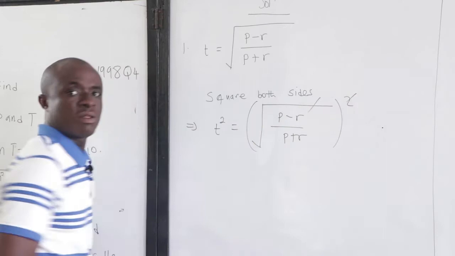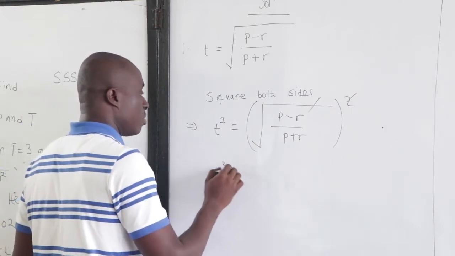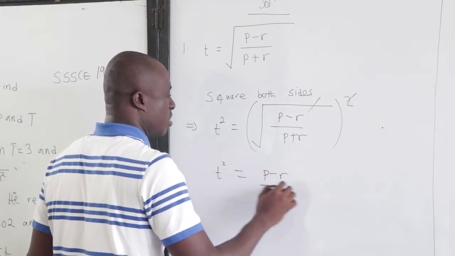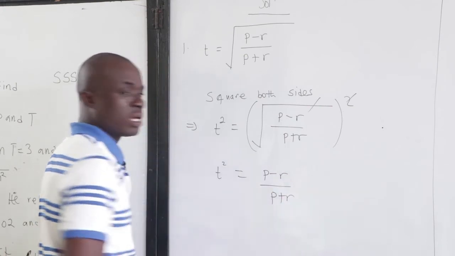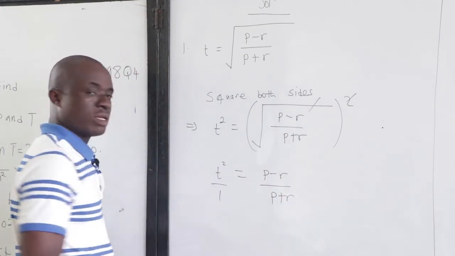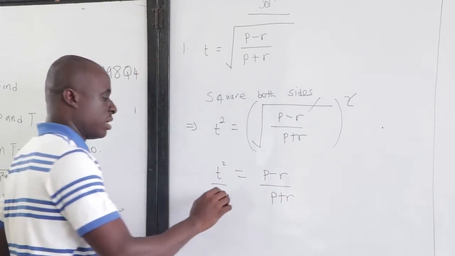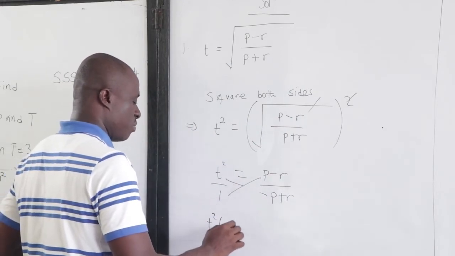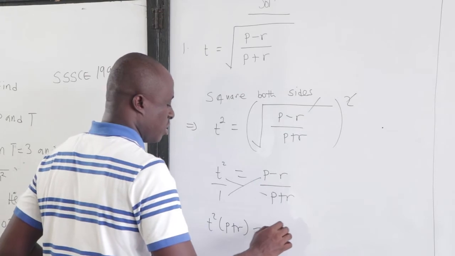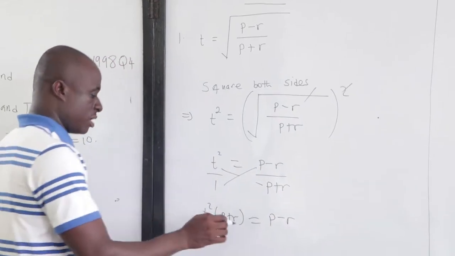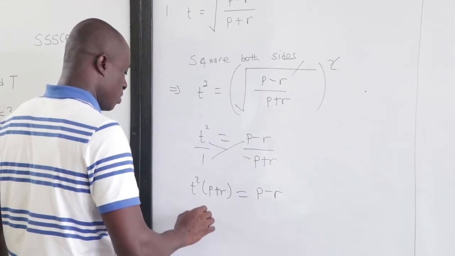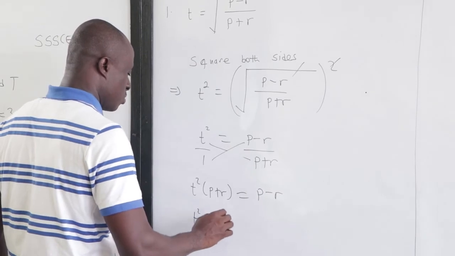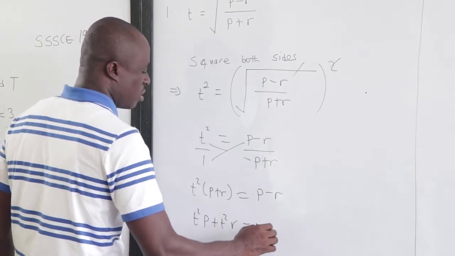So this will cancel out that. So you have t squared equal to p minus r over p plus r. Now this t squared is the same as t squared over 1. We can cross multiply from this side. So you have t squared times p plus r equal to p minus r. We can expand here: t squared p plus t squared r equal to p minus r.